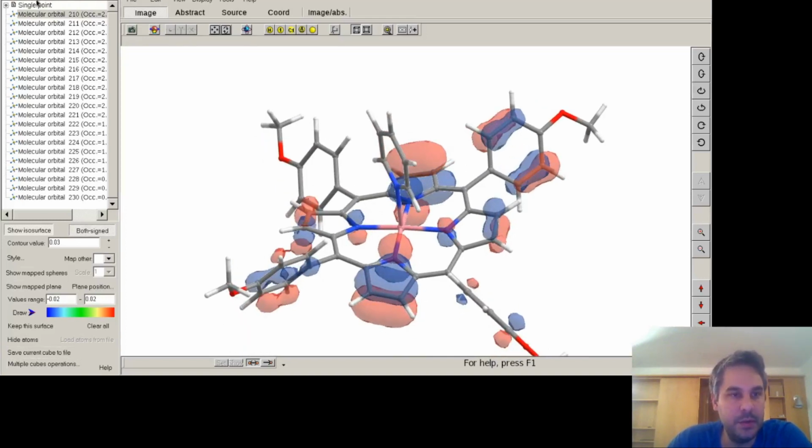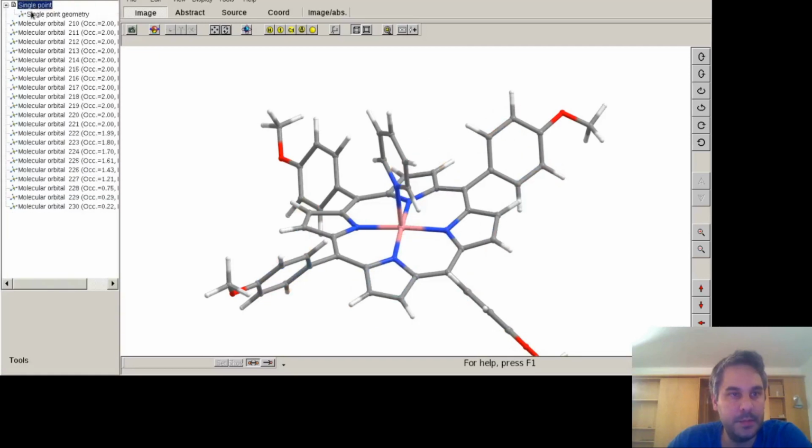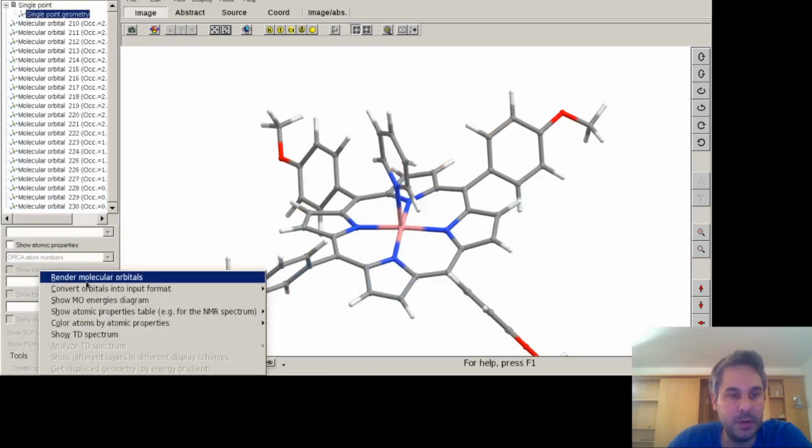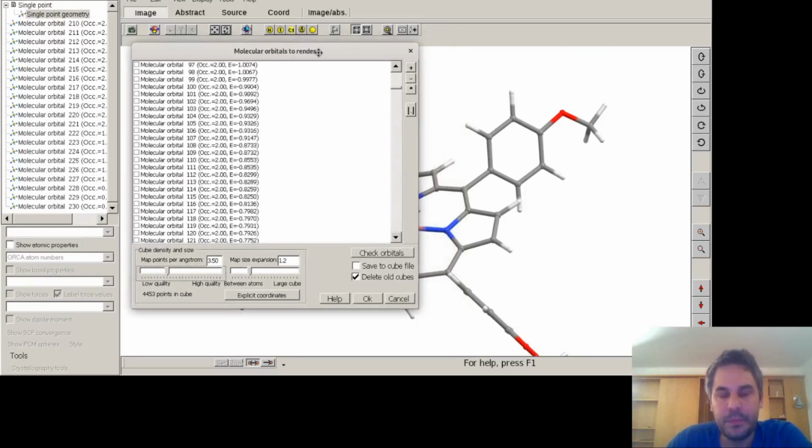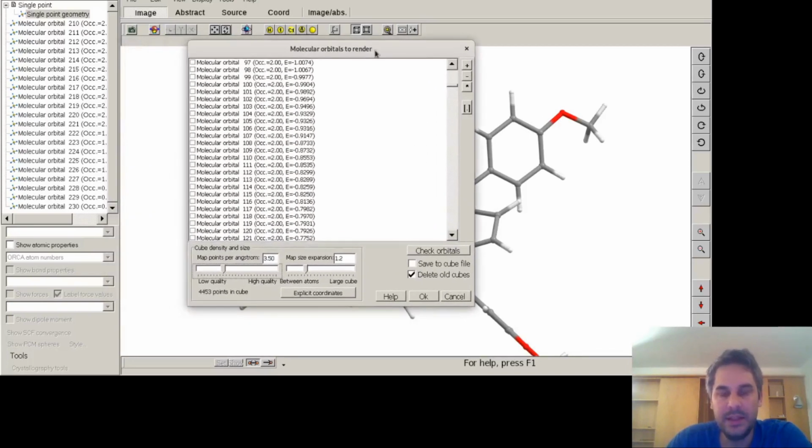So what I'm going to do is go again to single point geometry, tools, render molecular orbitals, and I will render a few more. Because I'm missing the dz square orbital, I know that this orbital tends to be occupied or partially occupied, so I know that it will be amongst the occupied orbitals and not amongst the virtual orbitals.